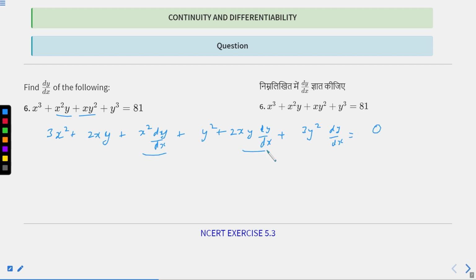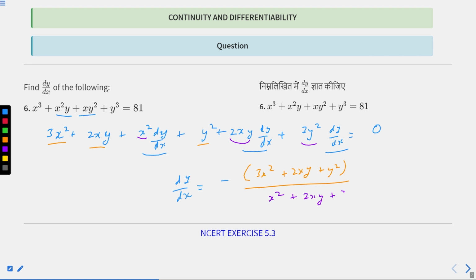Taking dy over dx common, and putting the other terms on the right hand side, you will get 3x square plus 2xy plus y square, divided by these terms: x square plus 2xy plus 3y square.